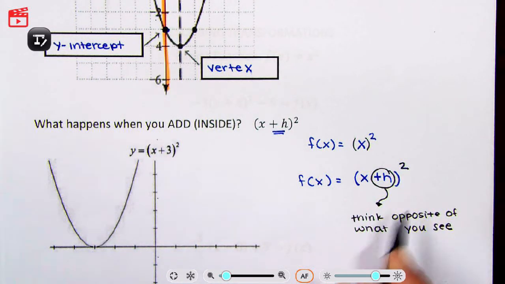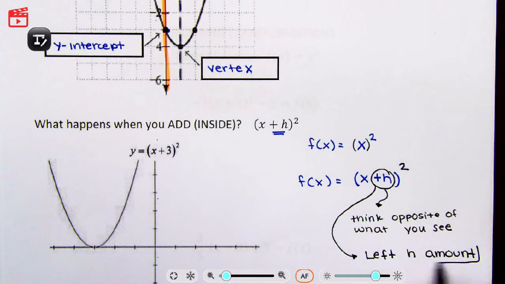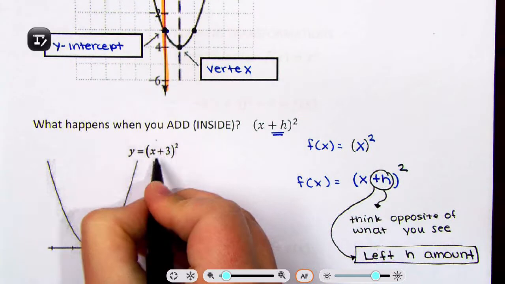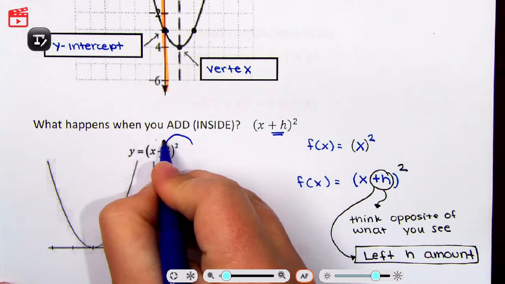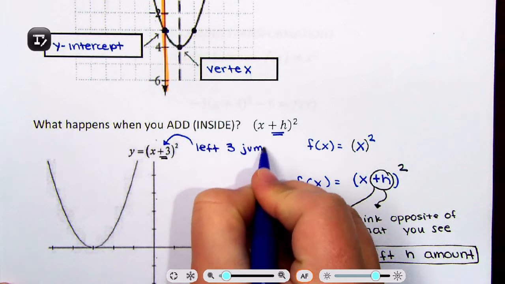So if you see a plus, that means you actually have a minus. That means you are doing the opposite. You are going left, h amount. So what happens when you have a plus h? For example, notice I have a plus 3. That means I am going left 3 jumps.